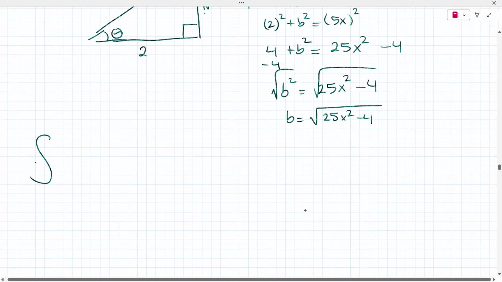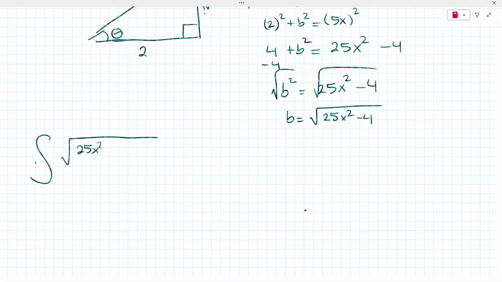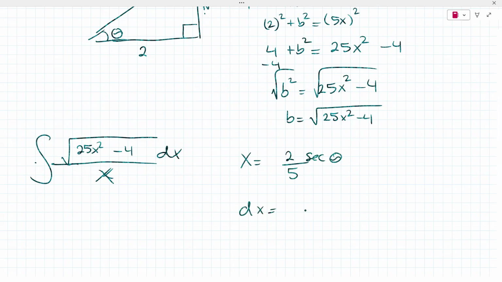Our problem was this integral of the square root of 25x squared minus 4 over x times dx. And we know that x equals 2/5 secant theta. So my dx, the derivative of this, is just 2/5 of secant theta times tan theta d theta.